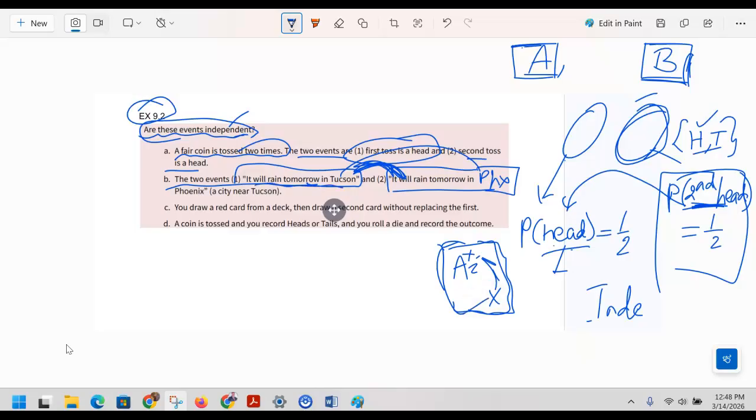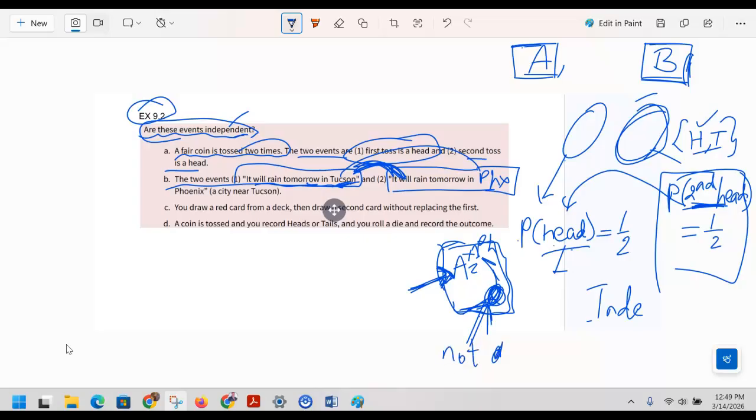If it rains in Tucson, then there is a possibility it is also going to rain in Phoenix. So raining in Tucson affects the rain in Phoenix. So this is not independent.